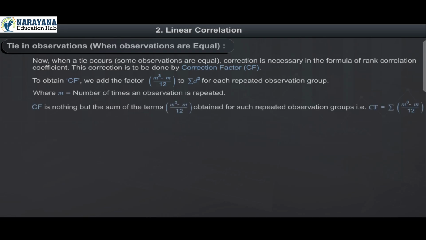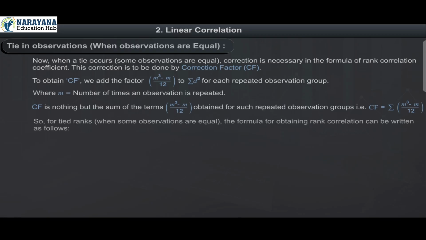CF is nothing but the sum of the terms (m³ − m)/12 obtained for such repeated observation groups, that is CF = Σ(m³ − m)/12.